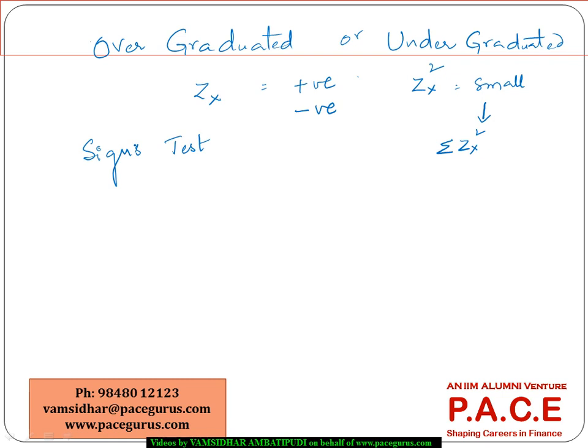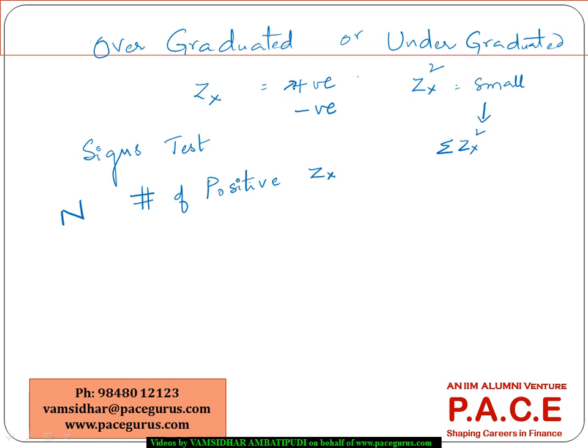For this, we identify the number of positive signs in the ZXs. Think of the number of positive ZXs to be some n.